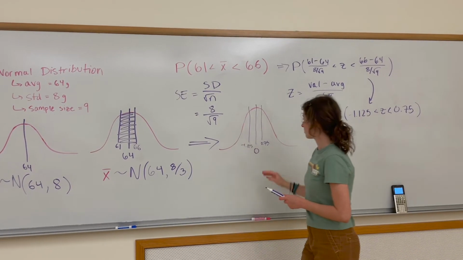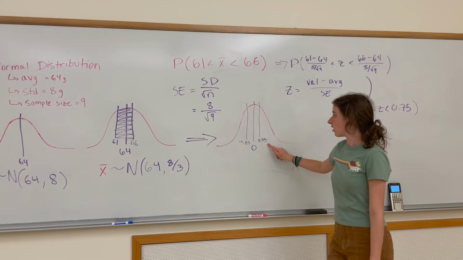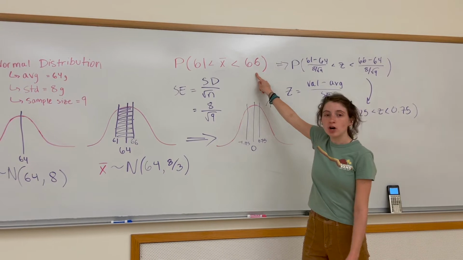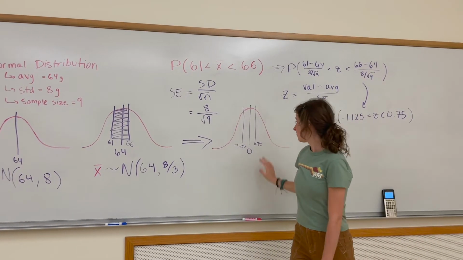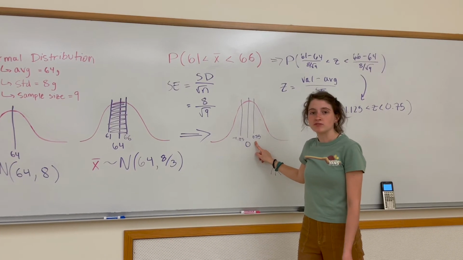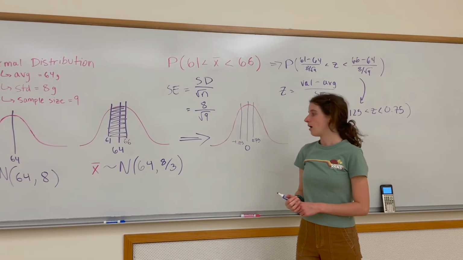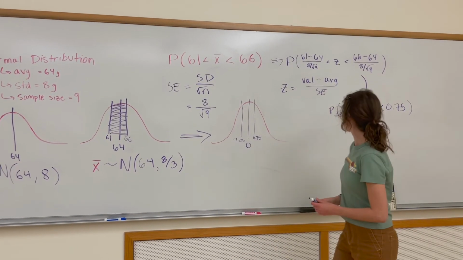That's not perfect, but whatever. And just to reiterate, what these values represent is how many standard deviations these original values are from the average of 64. For example, 66 is 0.75 times the standard deviation away from the average. And this is really how we start to calculate our probabilities.